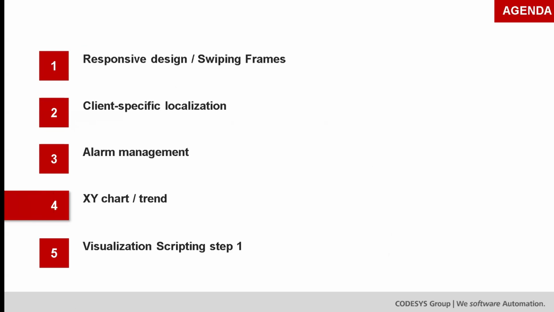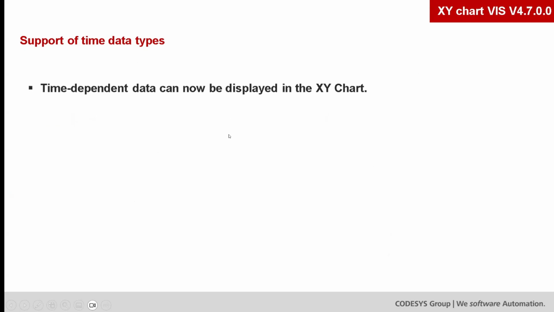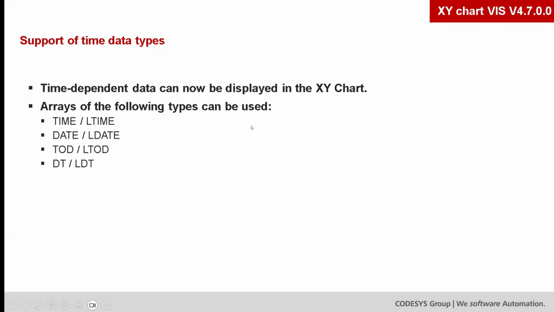Then we come to the improvements of the XY chart and the trend element. In the XY chart, we now also support time data types. That means time-dependent data can now be displayed in an XY chart. For that, you can use arrays of the following types: time, L-time, date, L-date, time of day, date and time, and also the L types.